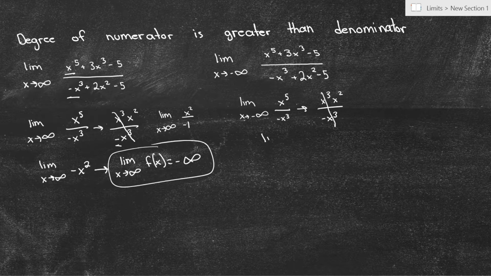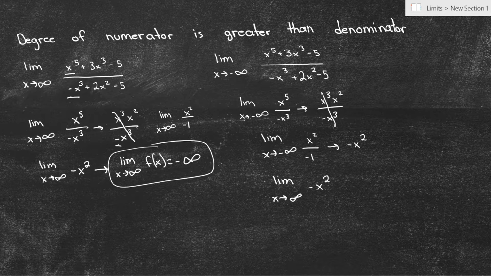I'm left with limit as x approaches negative infinity of x squared divided by negative 1, which is the equivalent of negative x squared. So limit as x approaches negative infinity of negative x squared.